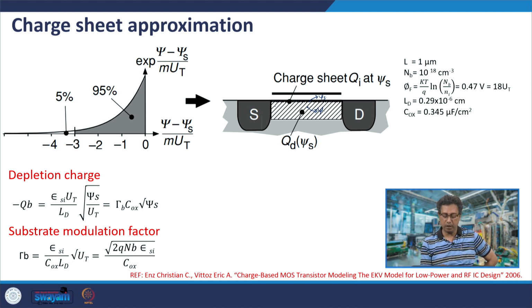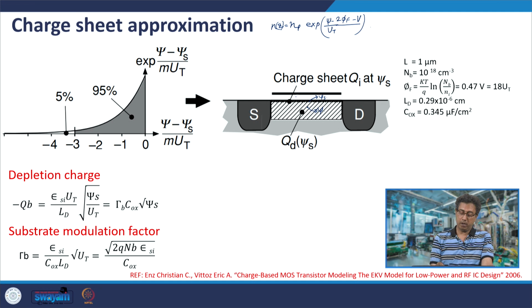Even otherwise, very close to the source, the band diagram would be like the quasi equilibrium condition itself, which we had discussed earlier in the course. So, we had written that the inversion charge density at any point z is Np, the neutral region's electron density, times an exponential.